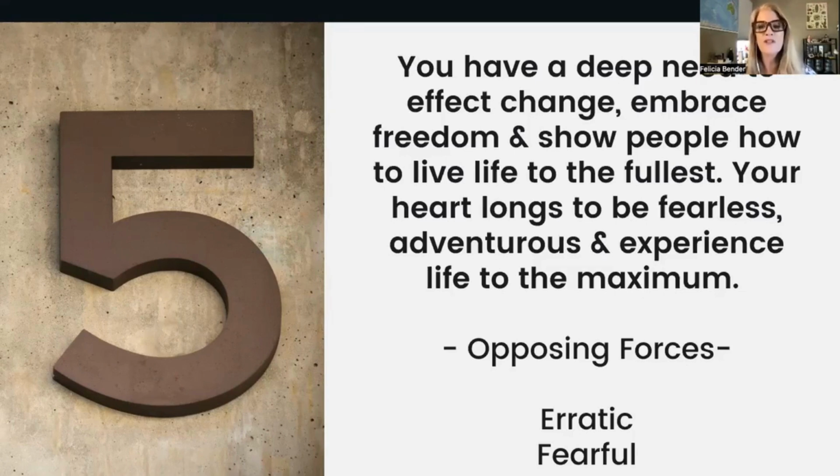So the opposing force here can be that you can feel or be very erratic, have difficulty following through on your promises, that sort of thing. Maybe difficulty committing to a relationship. And if you do, you're going to need some freedom within that agreement.